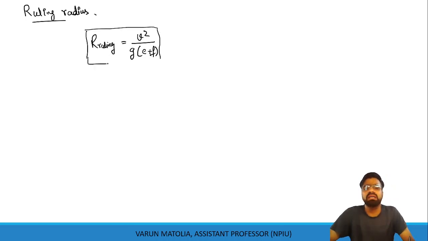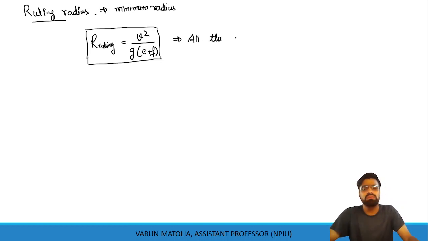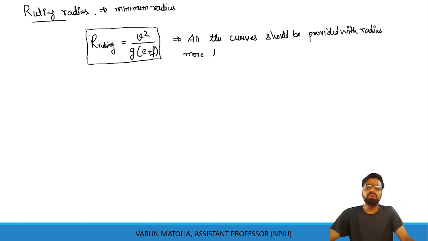So if you write, ruling means minimum radius, all the curves should be provided with radius more than ruling radius.